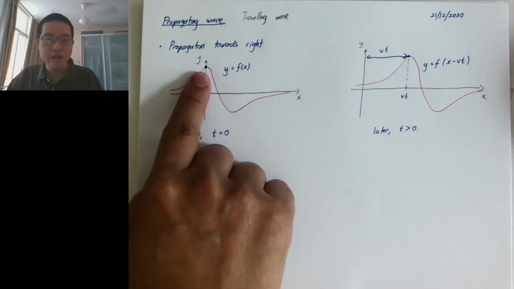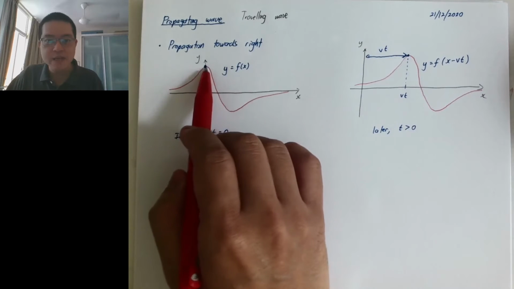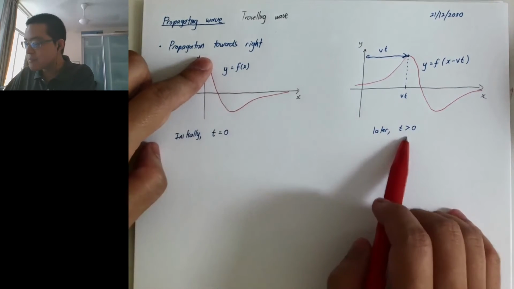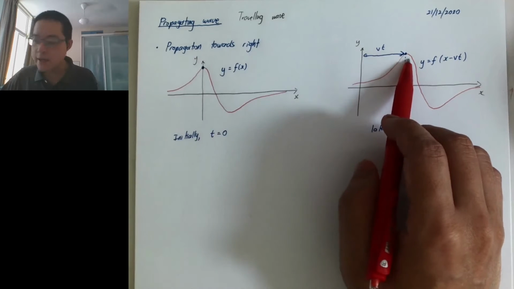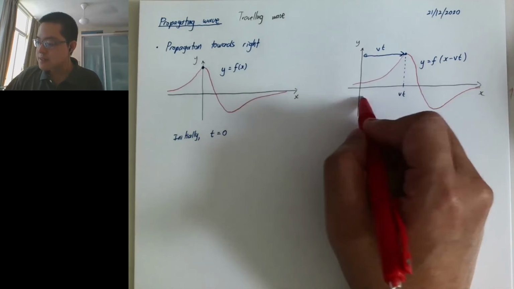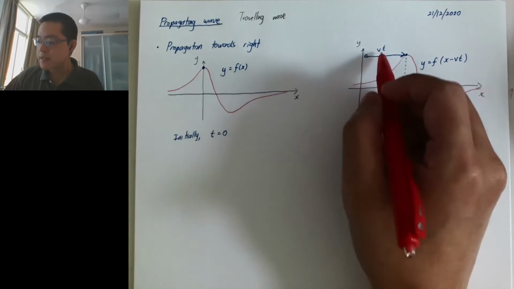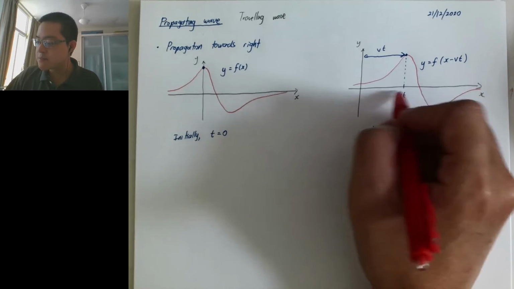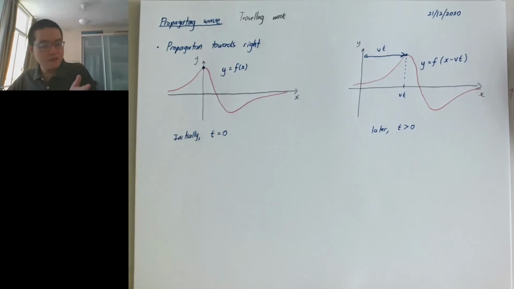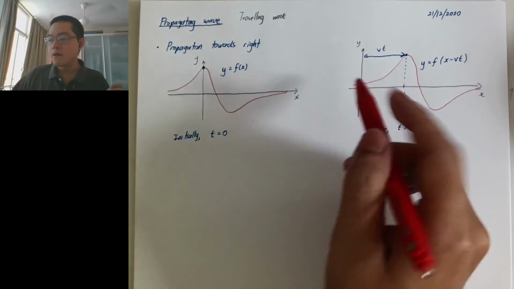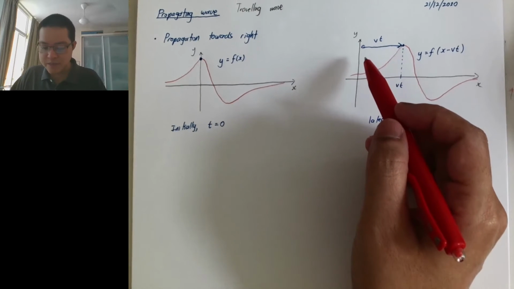Originally my point is over here, and at some later time my point has moved to the right over here. If t is the time, then the displacement is vt, where v is the speed of the propagation. Right now we're assuming constant speed. So this is the shape of the graph.